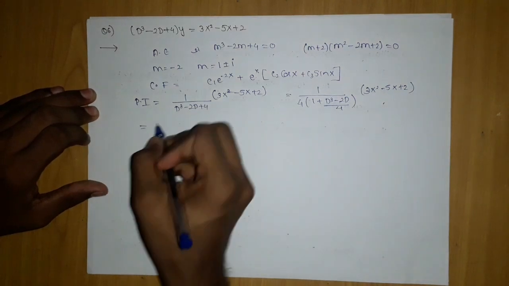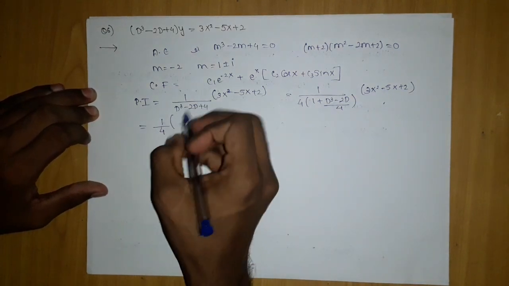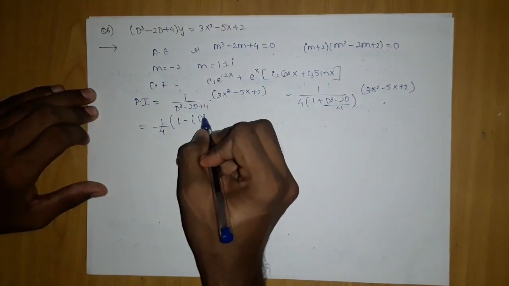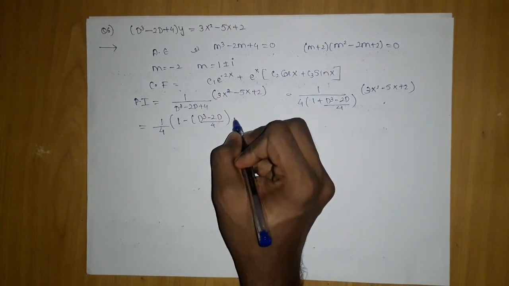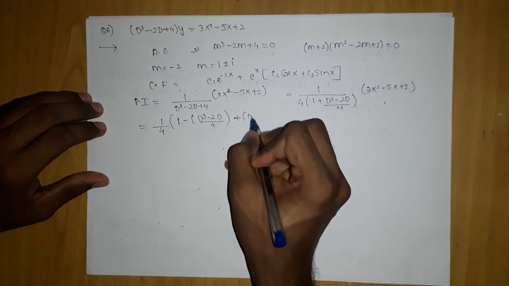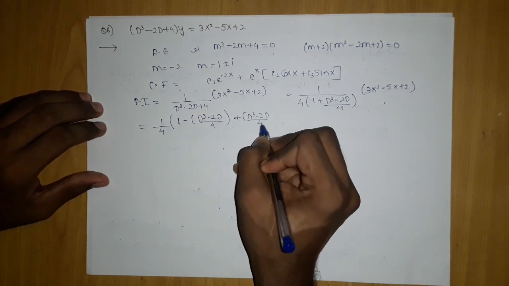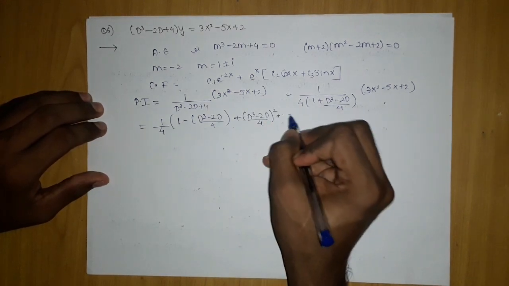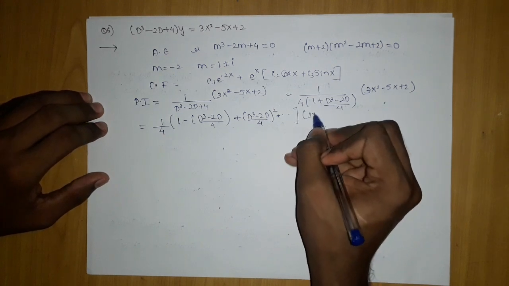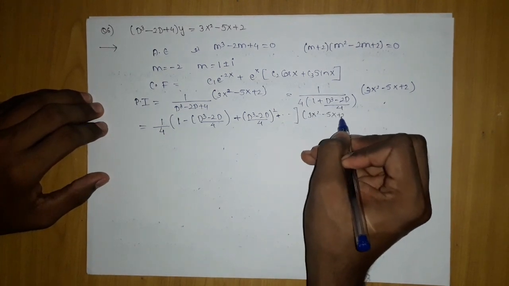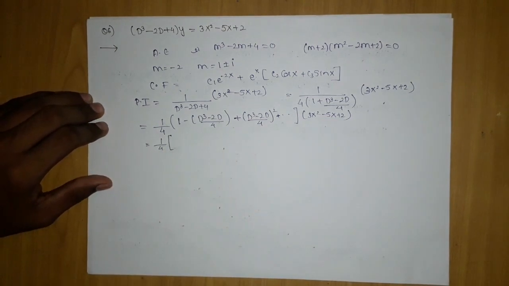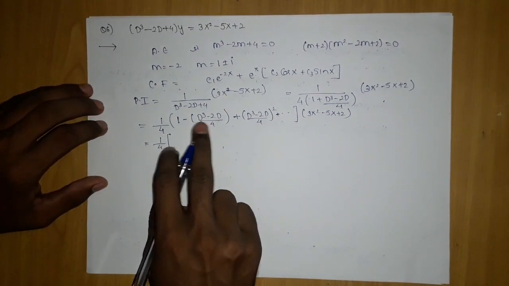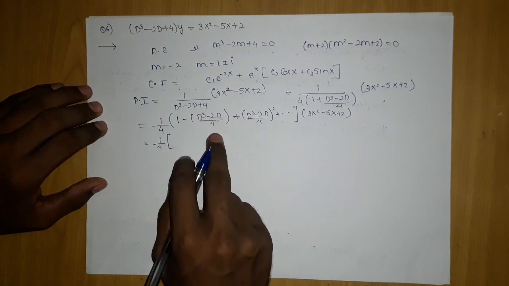Do the Maclaurin expansion. If you do the Maclaurin expansion, 1 minus (D cube minus 2D) by 4, plus (D cube minus 2D) by 4 the whole square, and you know the rest is not useful, into 3x square minus 5x plus 2. Now we know what things we require. From here, D cube is there and we don't require that, so we are going to keep 2D by 4 only.